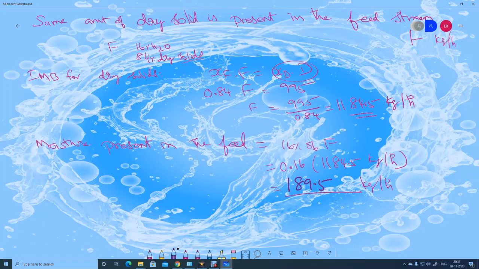Okay, so what is the amount of water removed now? This is the moisture present in the feed, and 5 kg is the moisture present in the product.